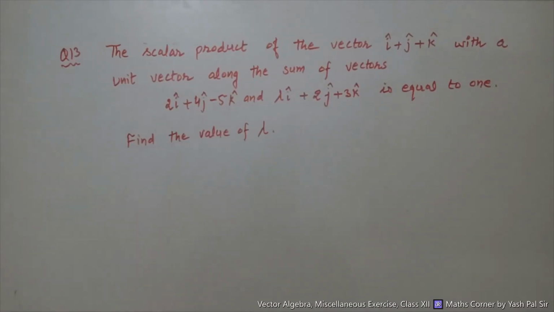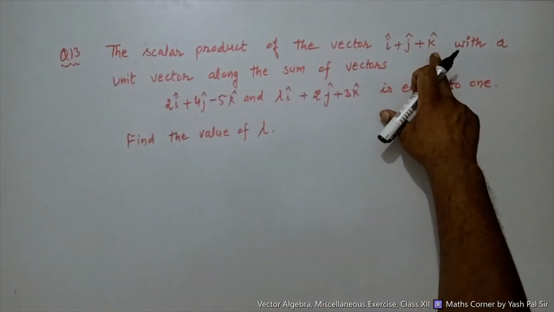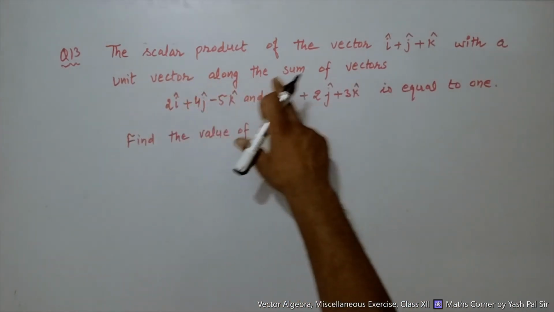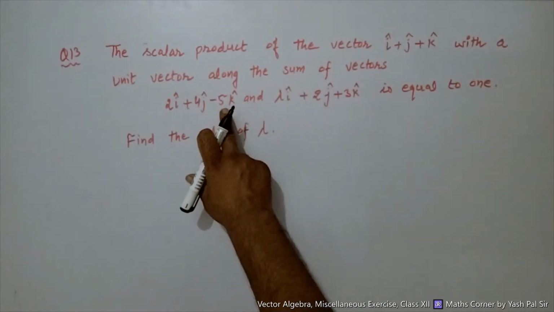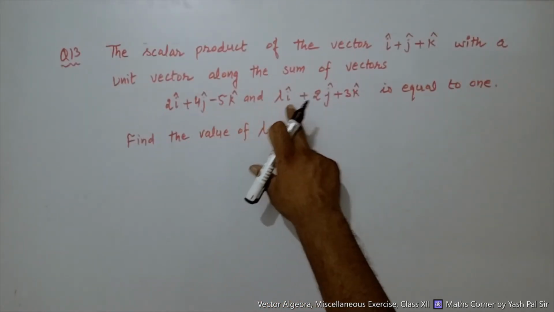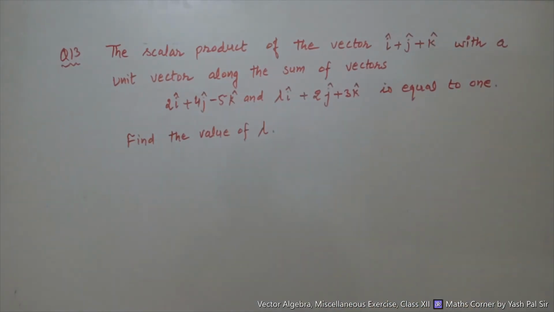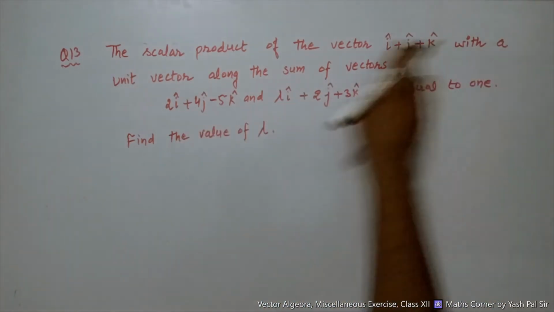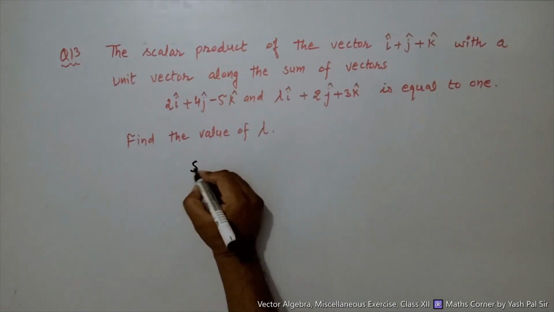Question number 13. The scalar product of the vector i plus j plus k with a unit vector along the sum of the vectors 2i plus 4j minus 5k and lambda i plus 2j plus 3k is equal to 1. Find the value of lambda. So here the very first step is a unit vector along the sum of vectors.